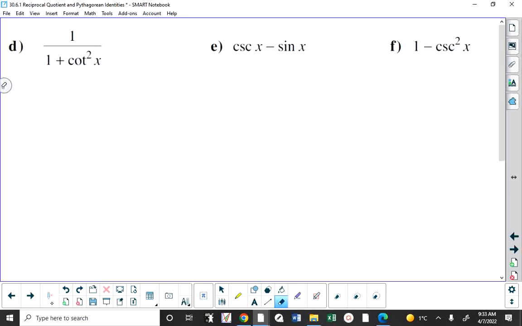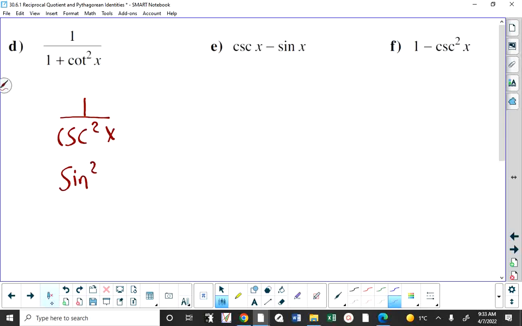Okay. And then we'll come around and look at what happened with your strategy. So this is 1 over cosecant squared of x, which is sine squared of x. Does that kind of hippity-hop step make sense to you? Okay, so that's the answer.